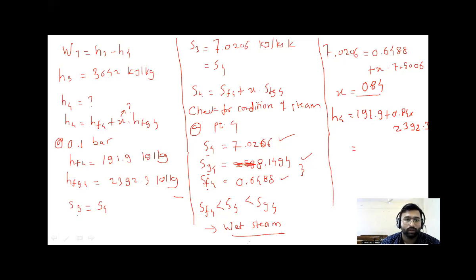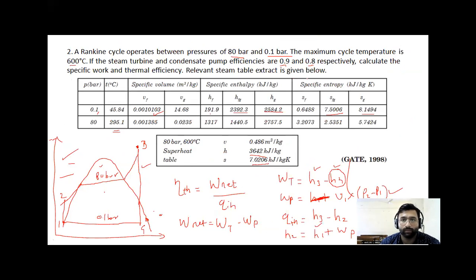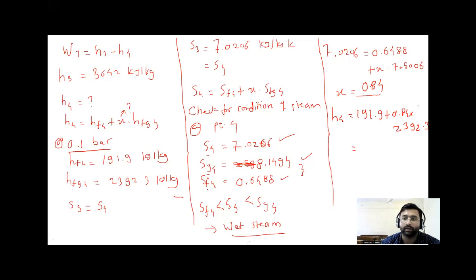At 0.1 bar, HFG is how much? Okay, this is correct. At 0.8, it is less. So calculate H4: 2201.43 kilojoule per kg.